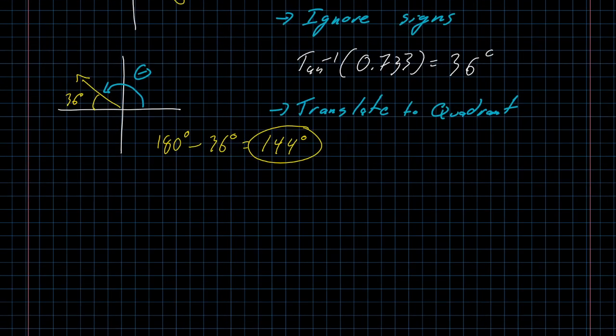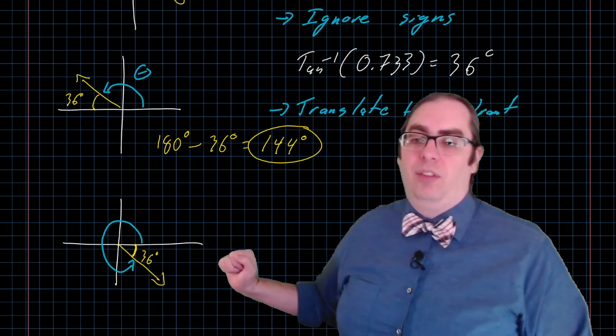We can do the same thing if we had that vector in the fourth quadrant. If we had the vector down here, well, the way we drew it, the angle of 36 degrees was right there. But we want to represent this as an angle from the positive x-axis going counterclockwise. And from the positive x-axis going counterclockwise takes us all there.